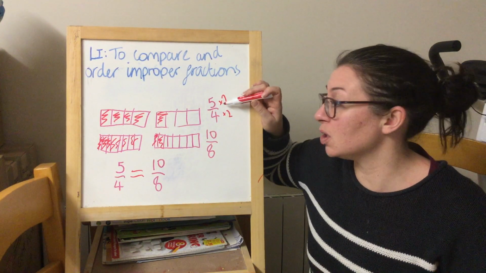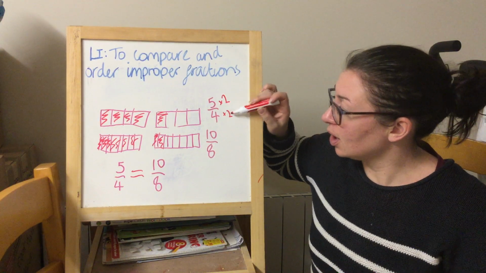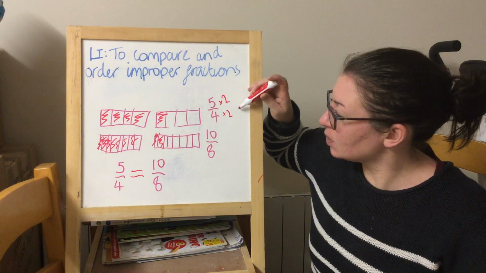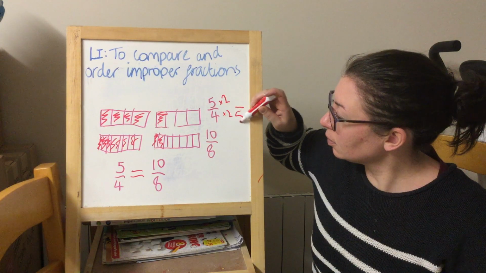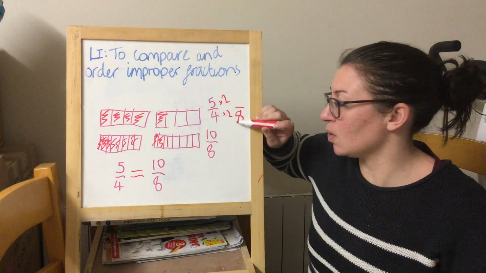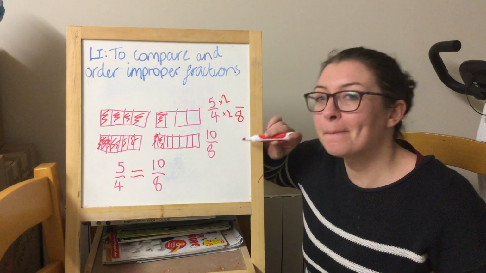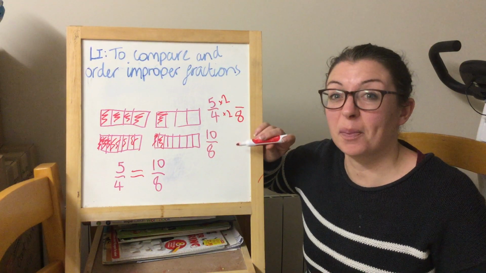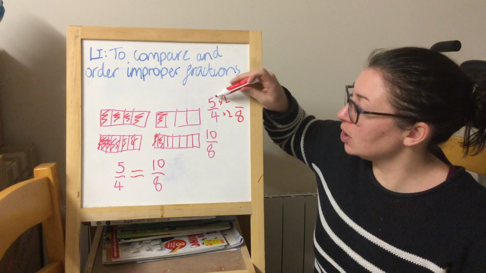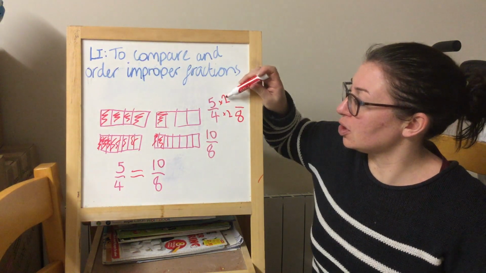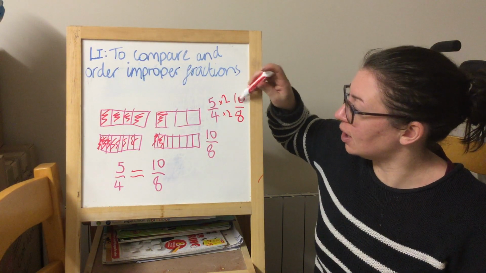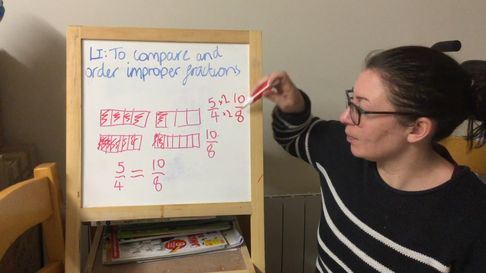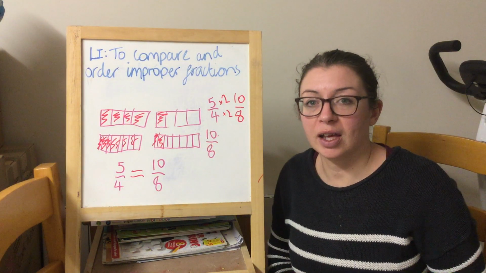Whatever we do to the bottom, we do to the top. So, if we want to see this one over 8, we have to times that by 2. Make it the same denominator. Make it easier for us to compare. And then we do the same to the top. So 2 times 5 is 10. So we can see that they are equal.